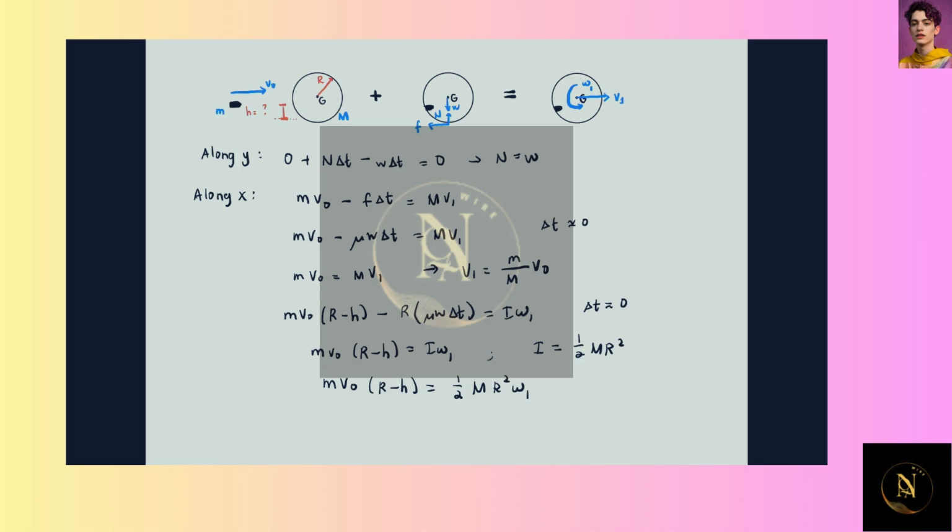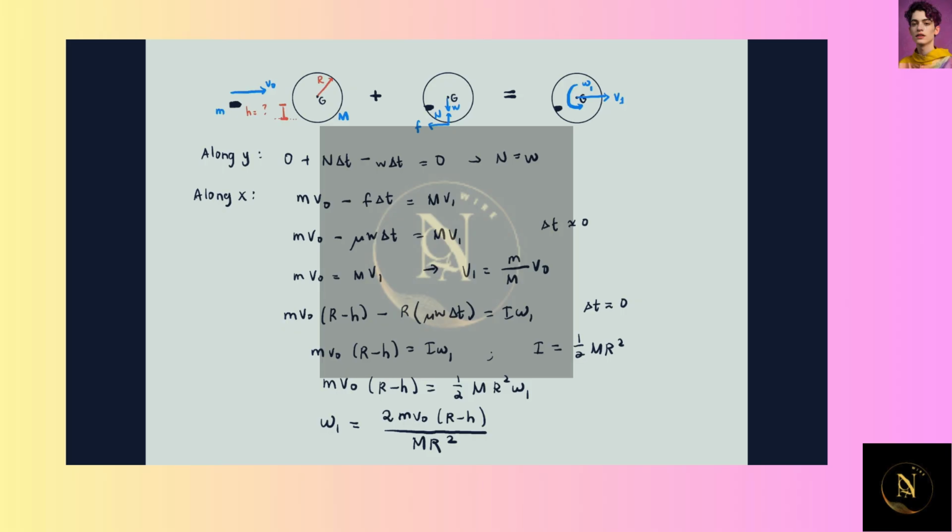Solving for omega, we have omega sub 1 equals 2 m v sub o times r minus h all over M r squared. That's our equation for the angular velocity.